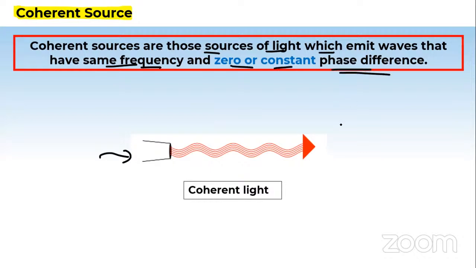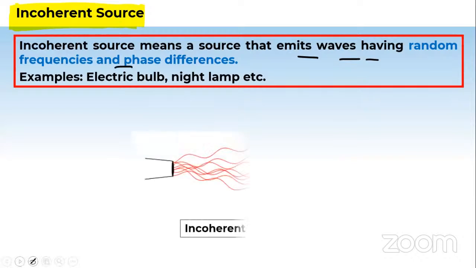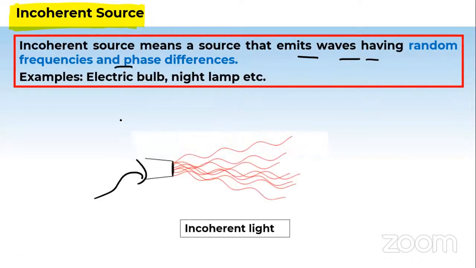These are the coherent light. Incoherent sources emit waves having random frequencies and phase differences. Through the picture you can see an illustration of incoherent light.